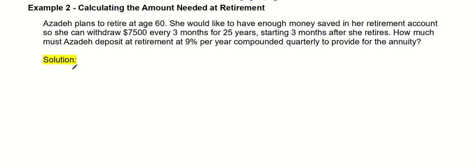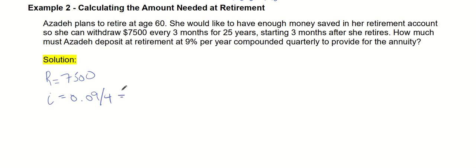So we just write down our information. R equals 7,500, at an interest rate of 9%, compounded quarterly, which means 4 times a year. So quarterly, you just put the 4 there, because quarterly means 4 times a year.